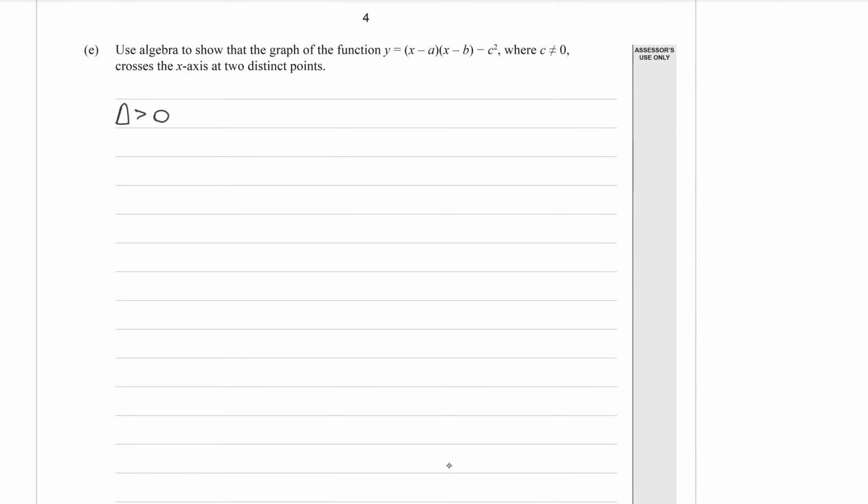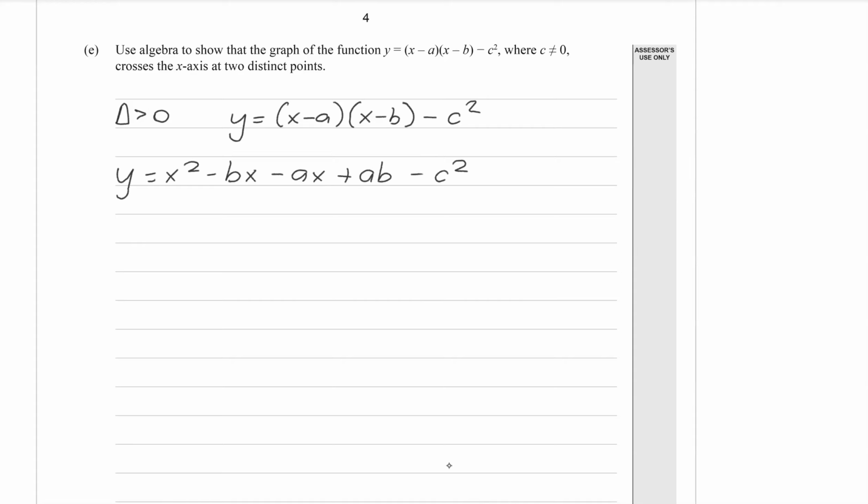So first things first, I'll expand it out. I've got (x minus a)(x minus b) minus c squared. So y equals x squared minus bx minus ax plus ab minus c squared.